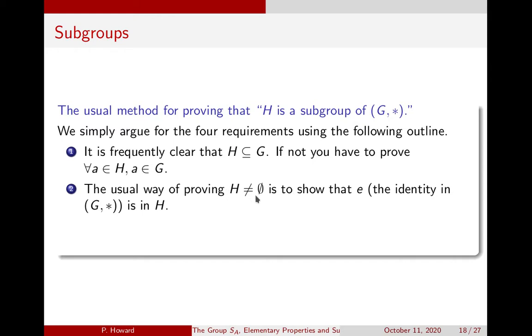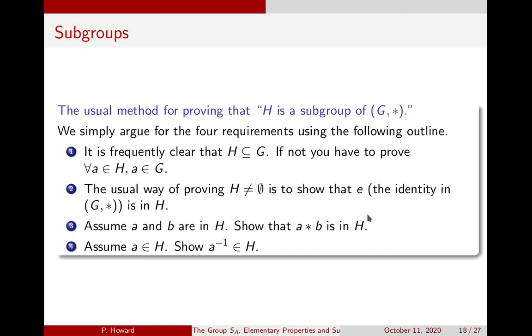And the usual way of doing this is to show that the identity element from G star is in H. Then we have to show that H is closed under the operation from G, which is done by assuming A and B are in H, and then arguing, based on that assumption, that A star B is in H. And finally, we show that H is closed under inverses by assuming we have an element little a in H, and showing that under that assumption, the inverse of little a has to be in H.